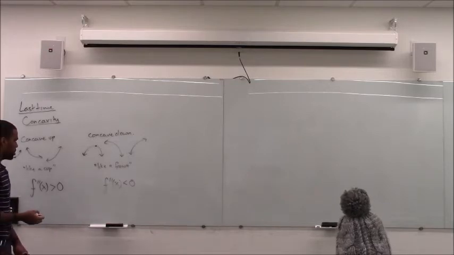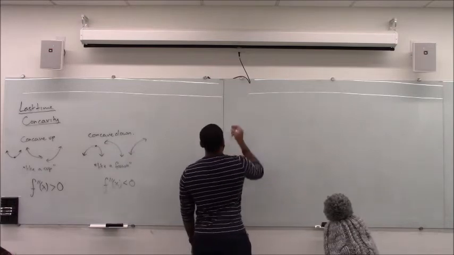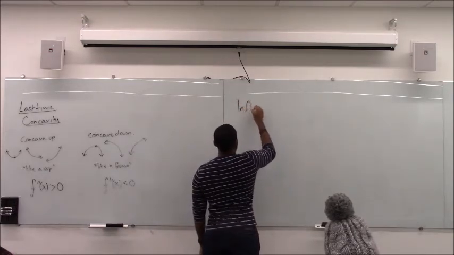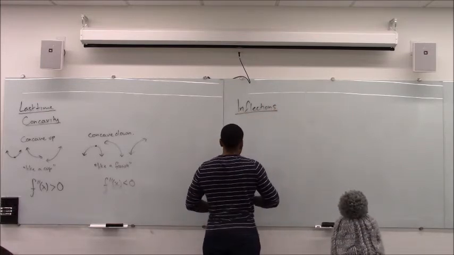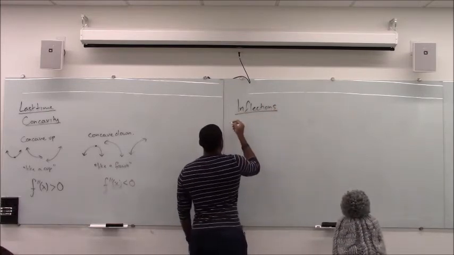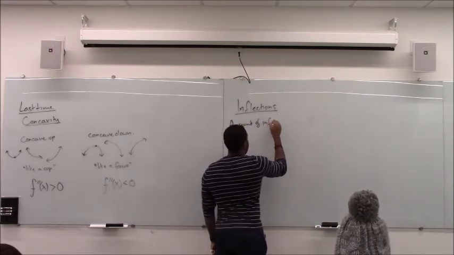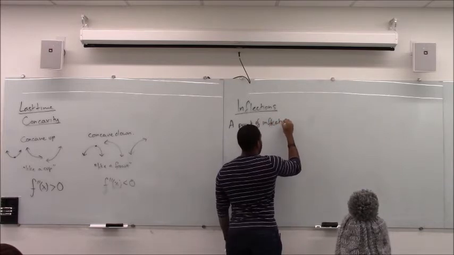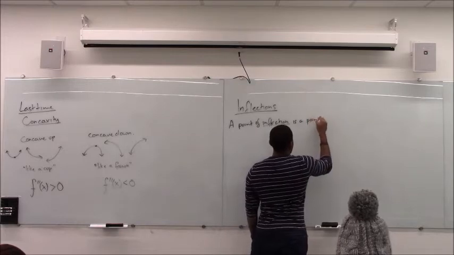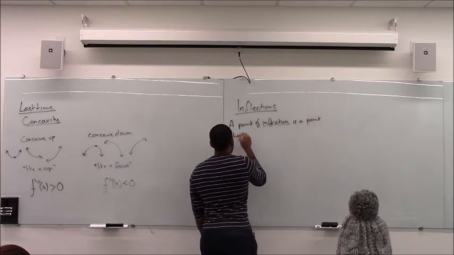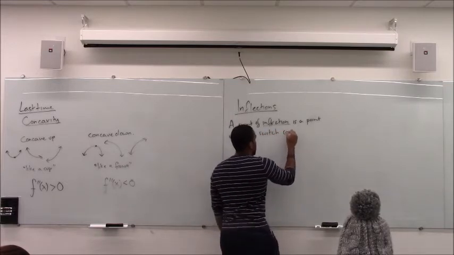So now I want to talk about some more nuances that concavity can give us. The idea of an inflection. So a point of inflection is a point where we switch concavity.